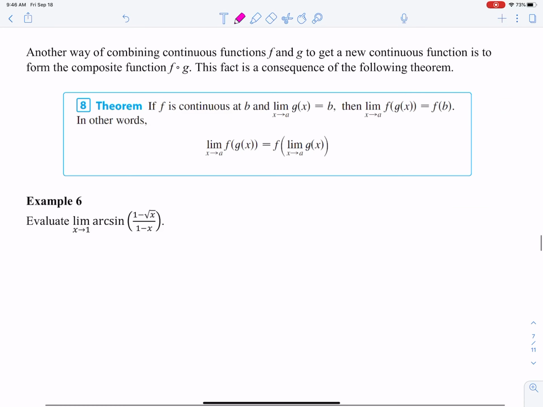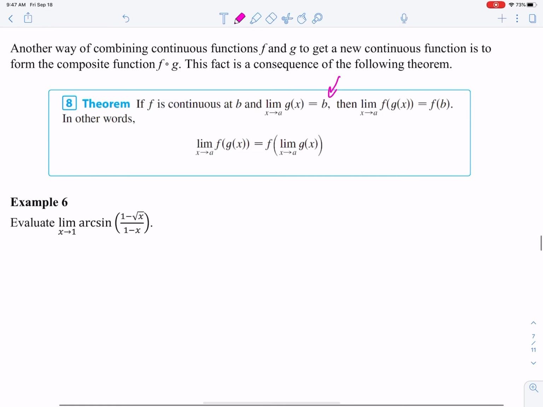Another way of combining continuous functions f and g to get a new continuous function is to use composition. This fact is a consequence of the following theorem. If f is continuous at b, so b is this limiting value, and the limit as x approaches a of g of x equals b, then the limit as x approaches a of f of g of x, the composed function, equals f of b.